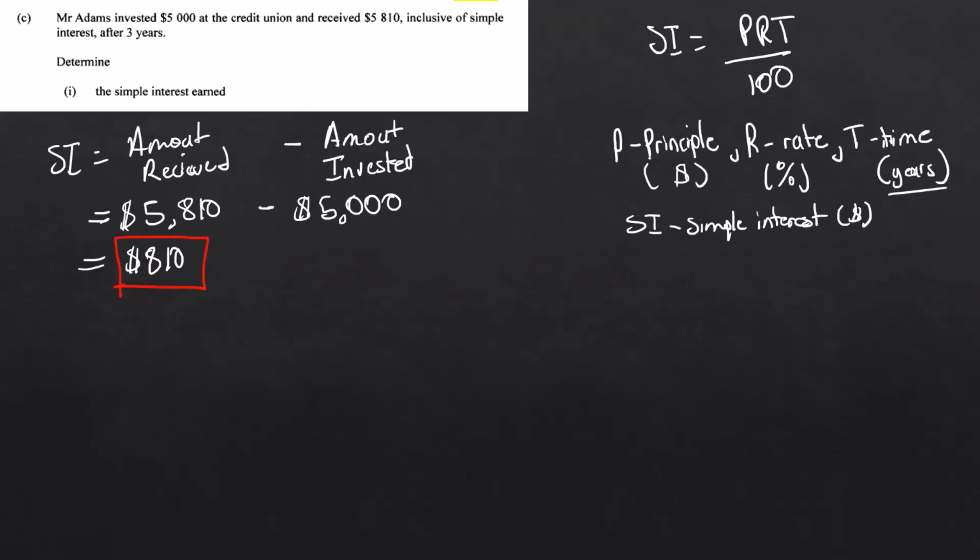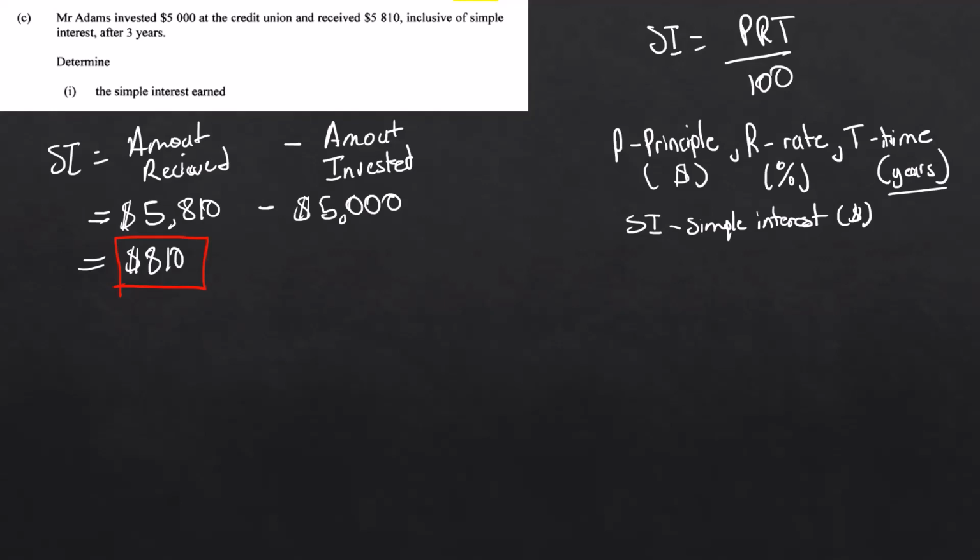The principal. Now, what the principal is, you can actually guess it. Tell me, what do you think the principal is? Anyone, what would the principal be for Mr. Adams? I would say 810.